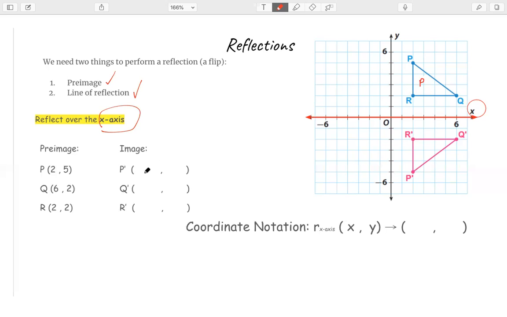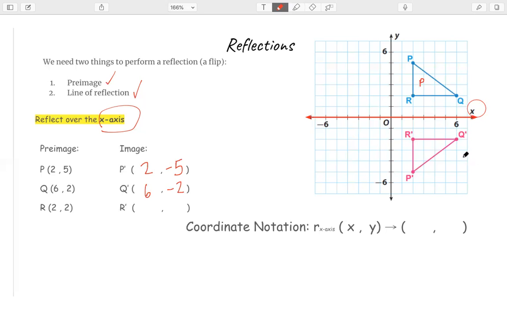My coordinate for P' is 2, so I went over 2 units and down 1, 2, 3, 4, 5 units. So (2, -5) are my coordinates for P'. Q' is at positive 6, and we went down to -2. So (6, -2) are my coordinates for Q'.